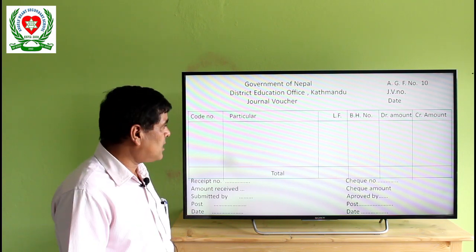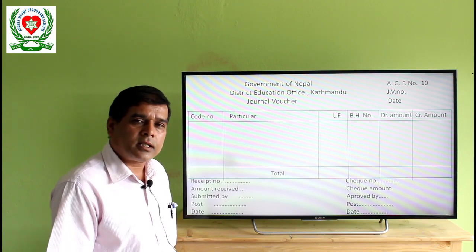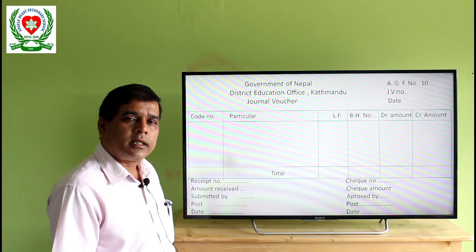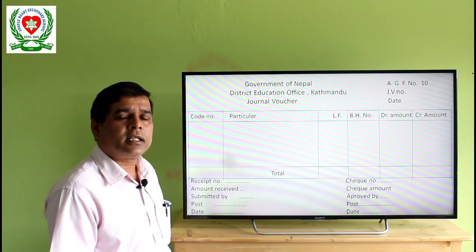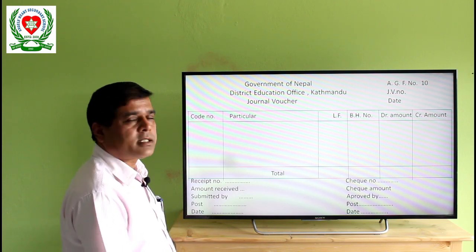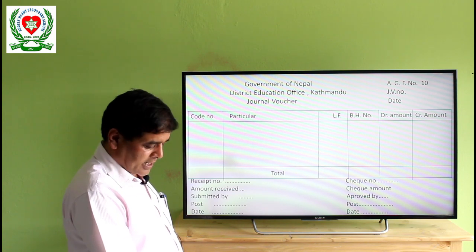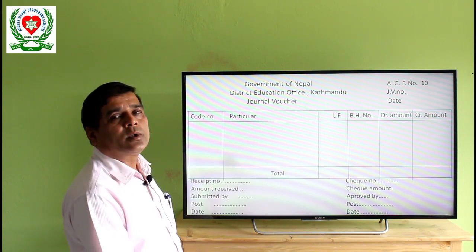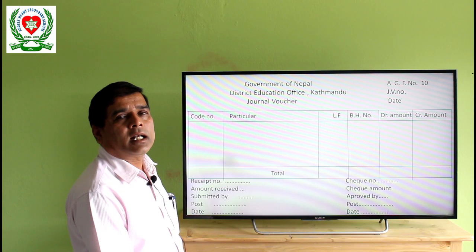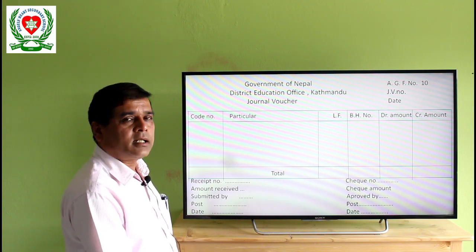Here is the same rule: debit the receiver, credit the giver, debit what comes in, credit what goes out, debit expenses and losses, credit income and gains. What I described in the previous topic as a formula, all debit and credit, if we know that formula, then we can solve all the problems easily.